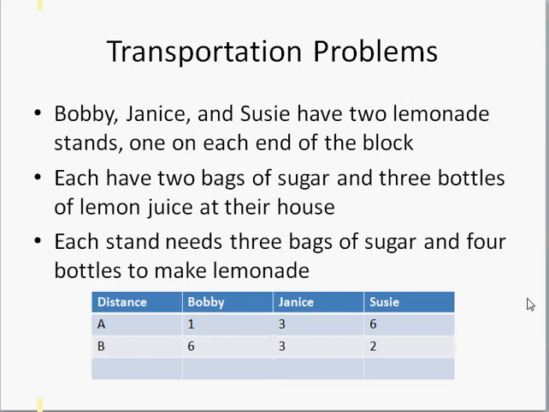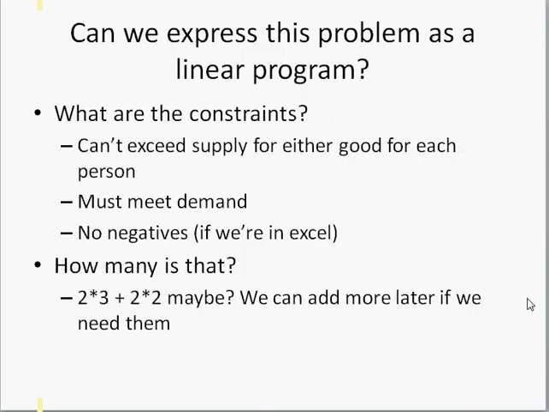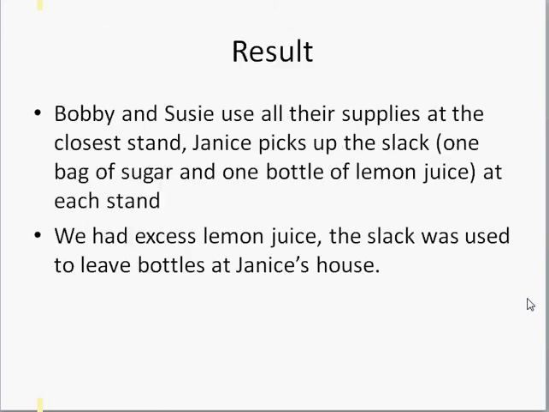Susie can't send more lemons or sugar, that's 2. So we have 6 constraints there, and then A needs lemons and sugar, that's 2 more, and B needs lemons and sugar, that's 2 more. So if you look down here, our estimate of 10 was correct. We had 6 plus 4 is 10. But we can always add more if we need them. And you can do that in an iterative fashion if you look at what comes out of your process.